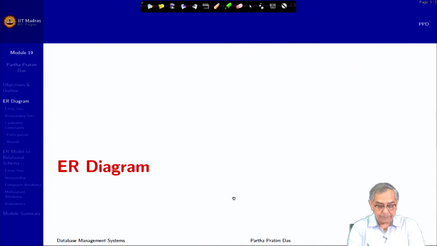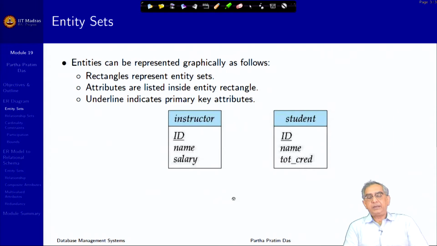So, ER diagram. ER diagram is a diagrammatic way to represent all the information that we have talked about so far. Now, this is something which evolved at the very early stages of database design, and the notations were somewhat different at that time, and at the end we have listed those alternate notations which you might find in several places.